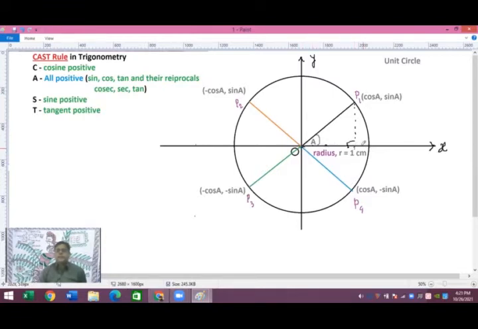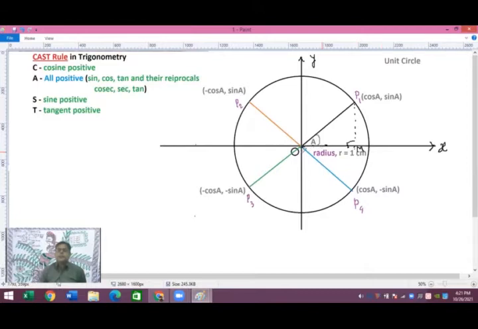If you call the foot of the perpendicular M, then the length OM will be the x coordinate for the point P1, and the length PM will be the height from the x-axis to this point. That means PM will be the y coordinate for this point P1.